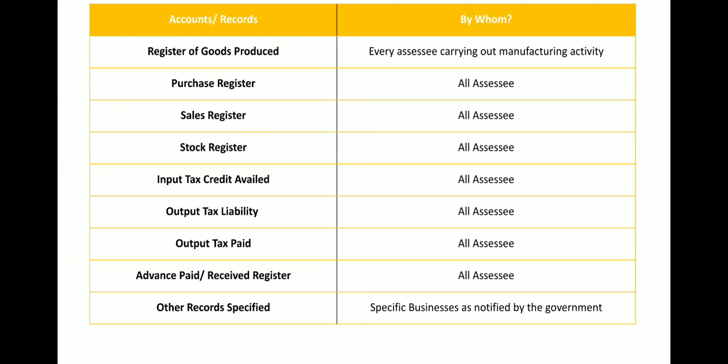The next register to be maintained is the stock register. This is also to be prepared by all the assessees. What sort of information is required to prepare this stock register? This register should contain the correct stock of inventory, available on a daily basis or at any given point of time.